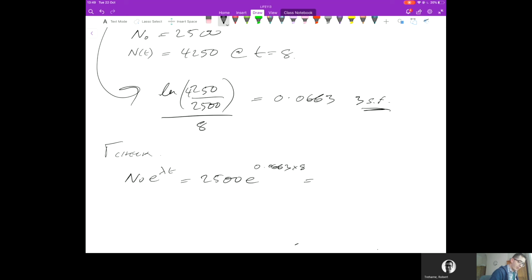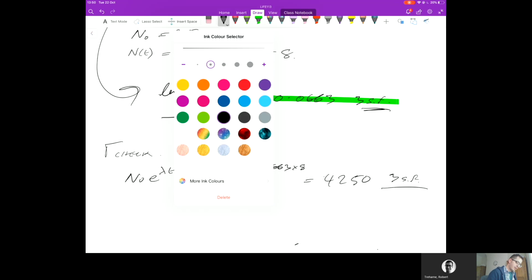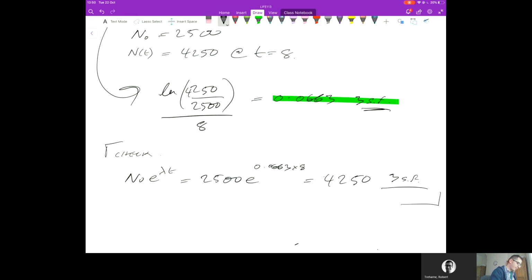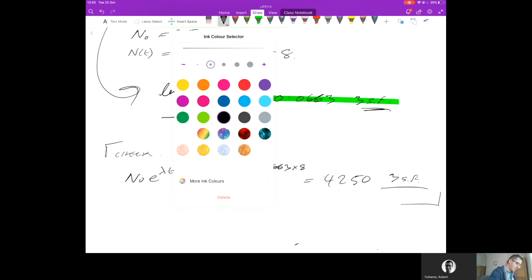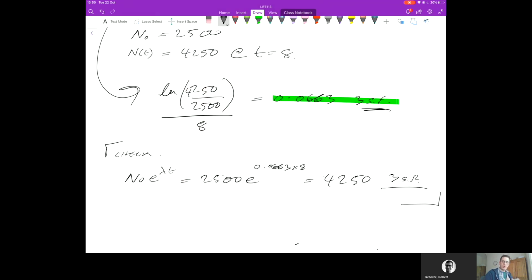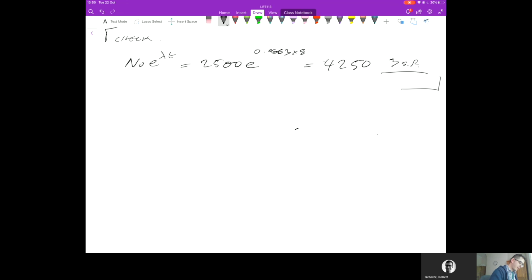That should give me a value of 4,250. It actually gives me 4,249, which is 4,250 to 3 sig fig. So I know this value is correct. Always do a check. We all make silly mistakes sometimes. If you check it and it's wrong, you just do the calculation again, and you don't lose marks that way.